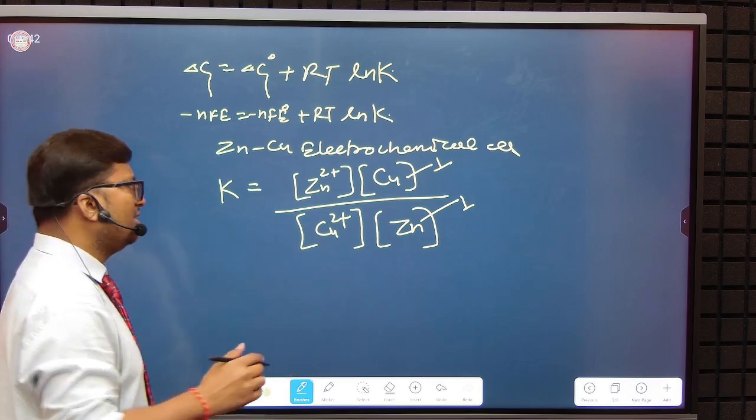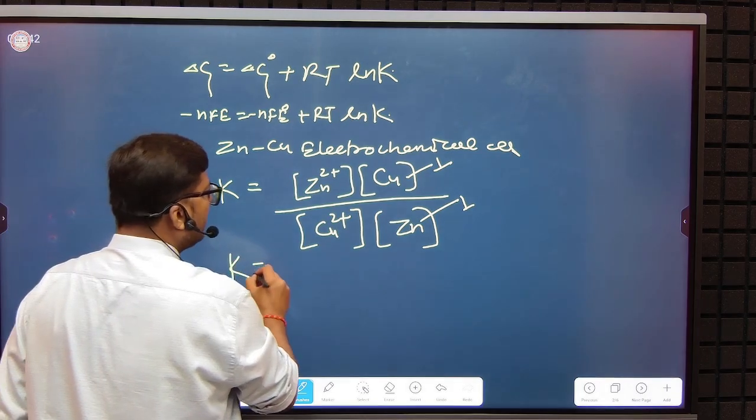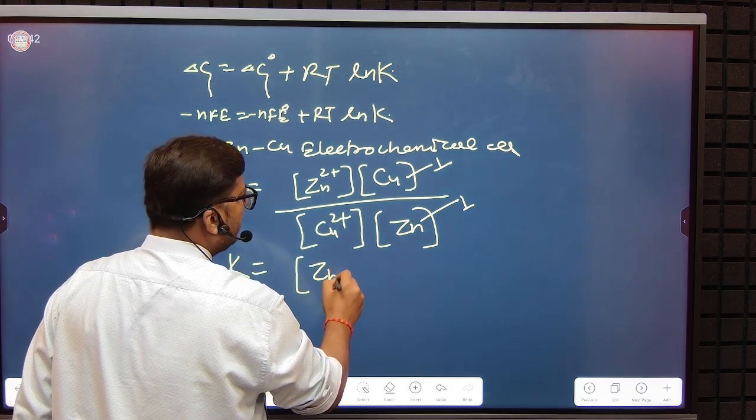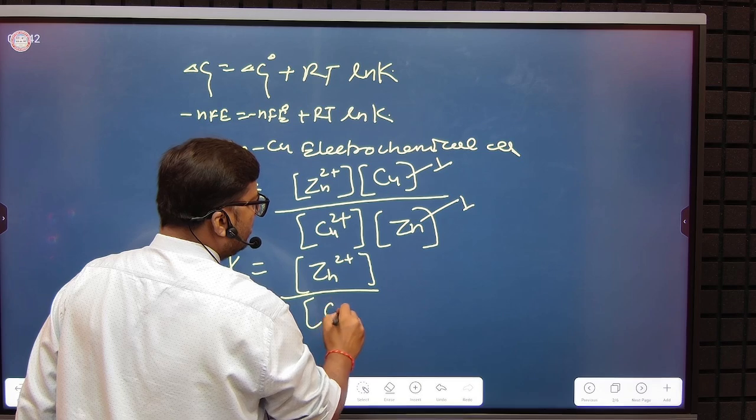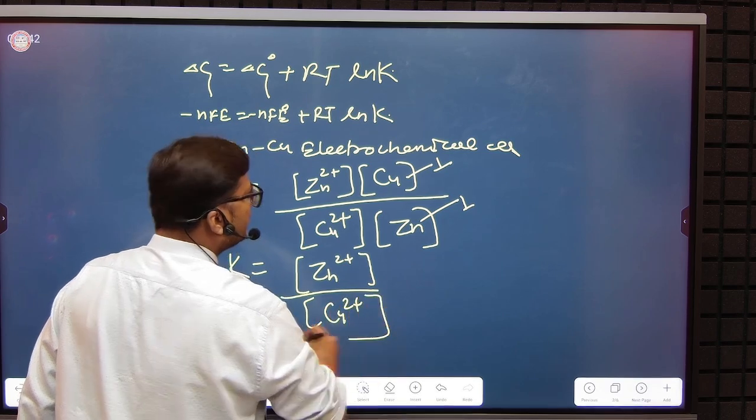So the 1s cancel, and K finally depends on the concentration of Zn2+ upon Cu2+, right?